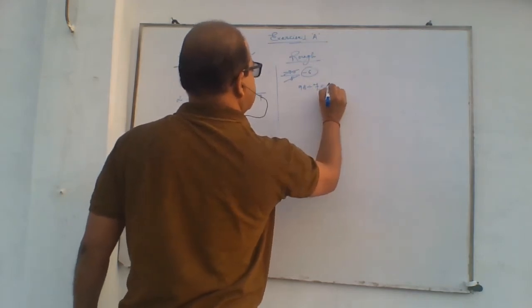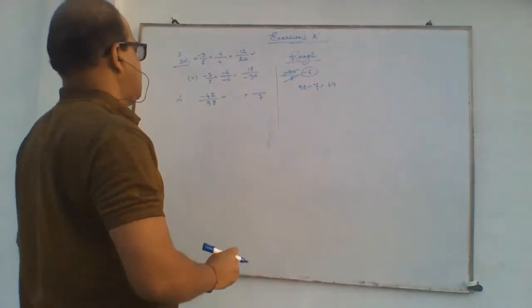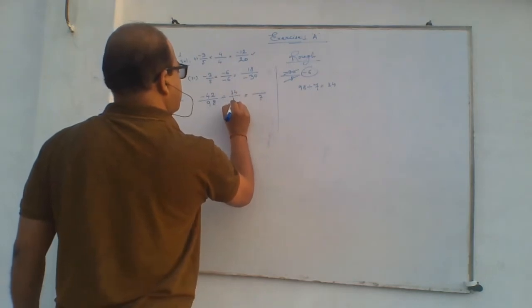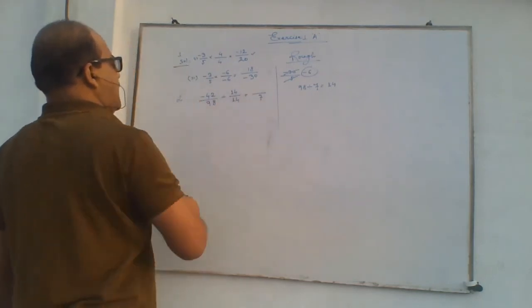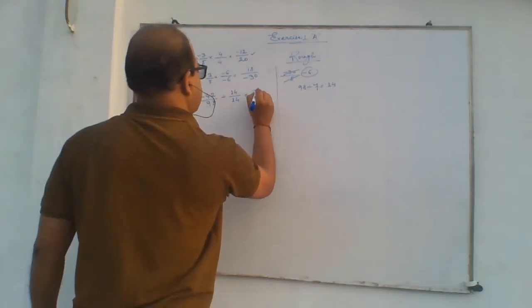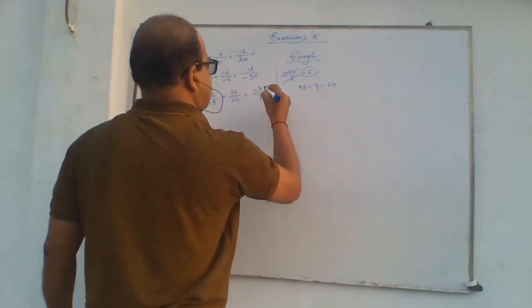We obtain 14. 14 sevens are 98. So the common divisor is 14. When you divide, 14 threes are 42, so minus 3, and 14 sevens are 98, so 7. So the answer is here.